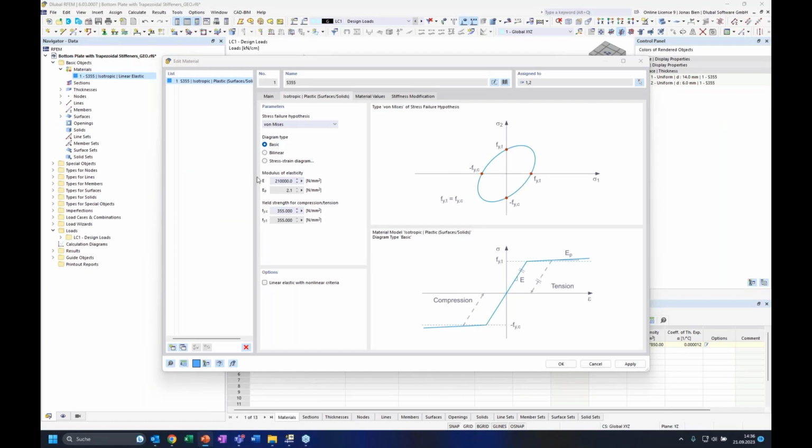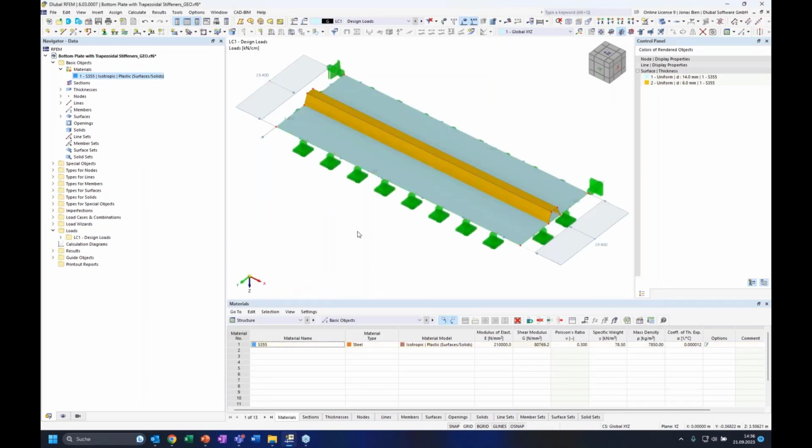This is basically the standard setting for the plastic isotropic material model. So in this case, it's E divided by 100,000, but this is still okay. So we choose the basic material model that we have as default setting in RFEM 6. Okay, now that is already done.